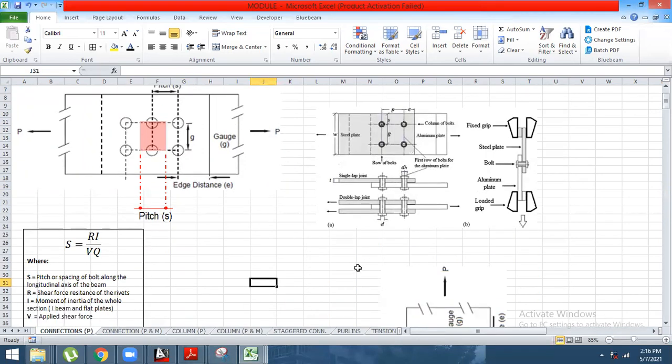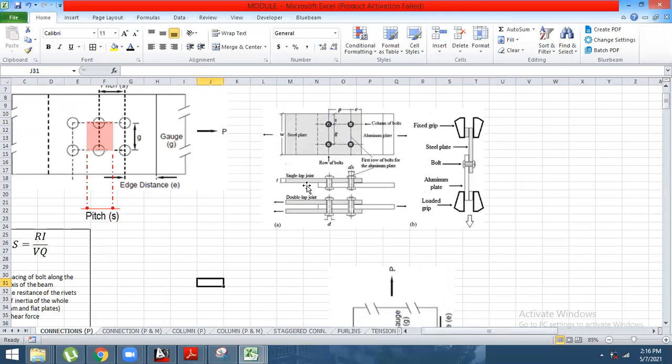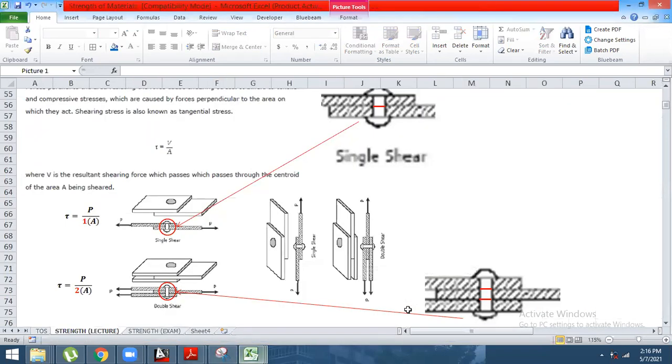As we have talked about in the history of the materials, this connection, the first one is the single shear connection, then the second is the double shear connection. Just a recap, this is the single shear. Using the formula, shear stress is force divided by 1 times the area.